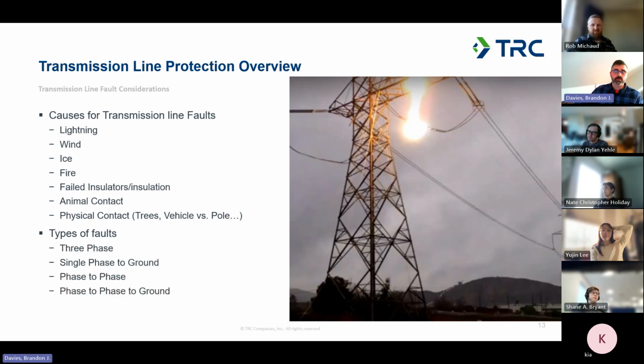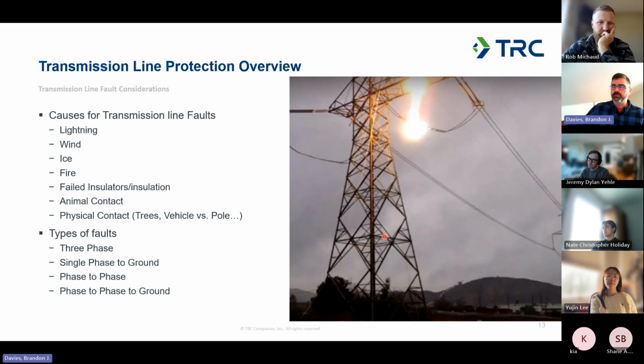So a few of the types of faults we may run into: we have three-phase conductors, so we can have a fault between all three phases, or from a single phase to ground, which would be what we have here. One of the phases is arcing up to the grounded transmission structure. We can have a phase-to-phase fault, so if those conductors are moving and make contact with each other or arc across, that could be another fault case.